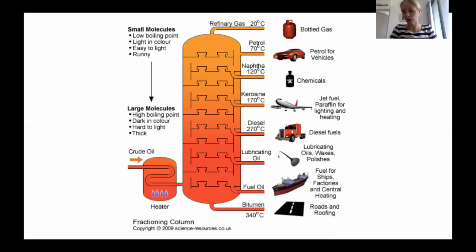Kerosene is jet fuel, so plane fuel, diesel for diesel engines. Lubricating oil is things like Vaselines, waxes, unnaturally made candles, that kind of thing. Fuel oil is generally used for ships or in some very old houses, central heating. And bitumen is the tar that they use to lay down on the roads.